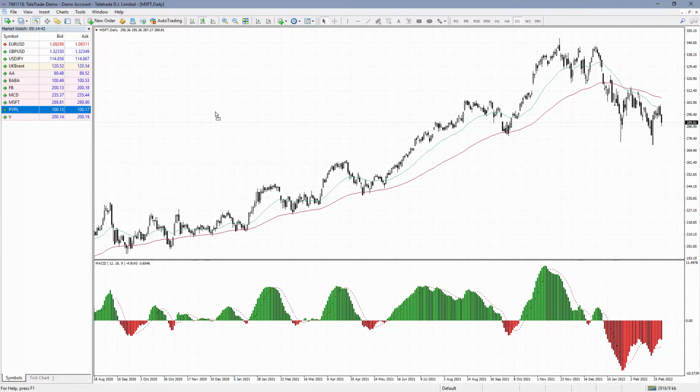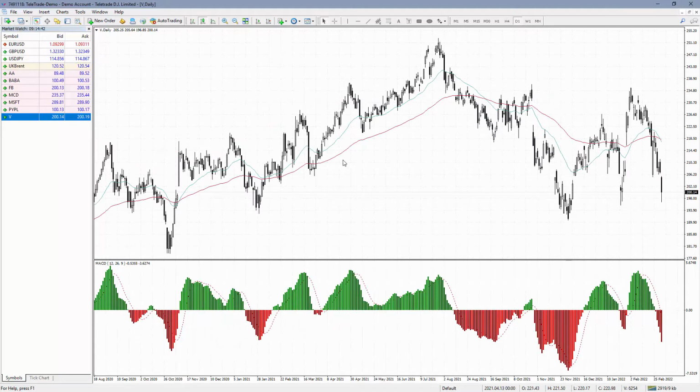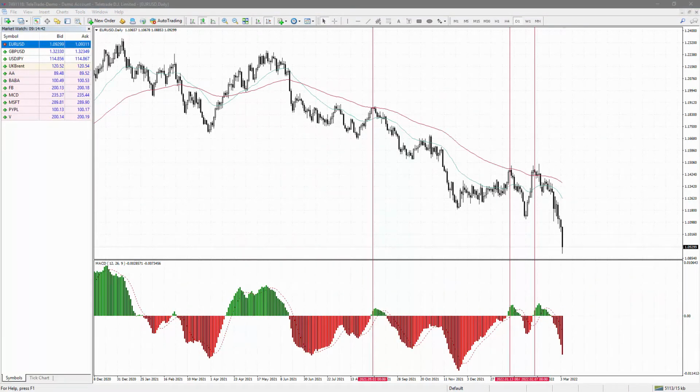PYPL PayPal. Zone for purchase. Visa. Zone for purchase. Area for sale. As you can see, this system is universal and suitable for any trend instrument.